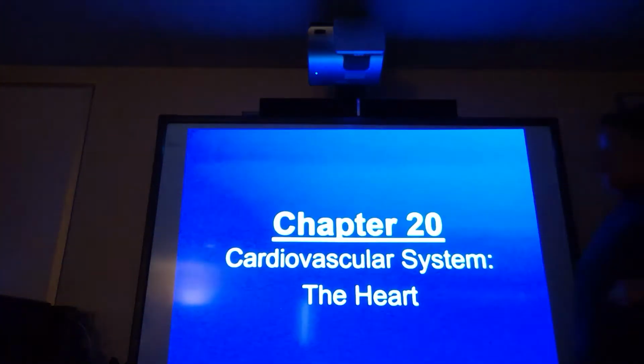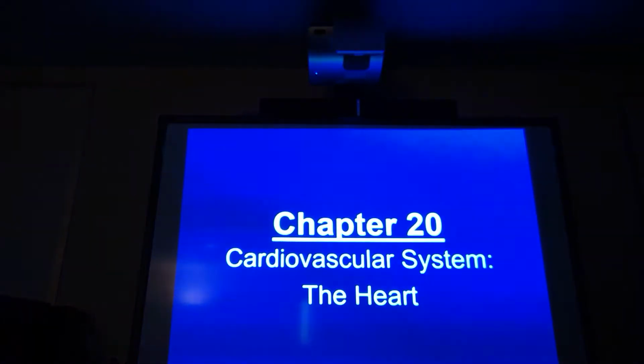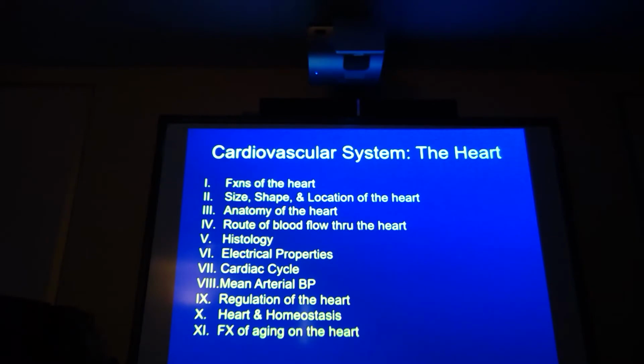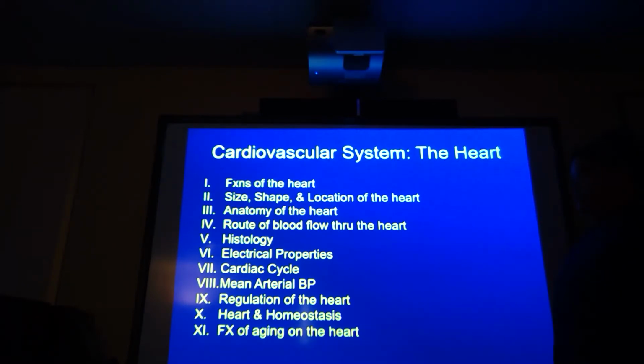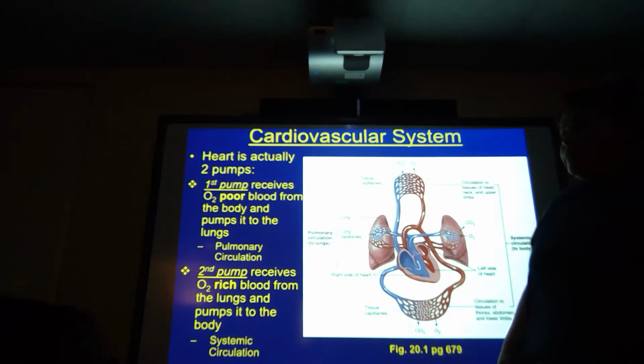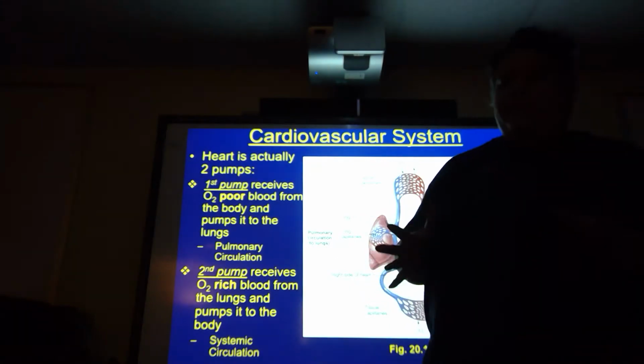Okay, so the cardiovascular system, the heart. So outline of the chapter, same old, same old. So let's talk about the heart for a second. The heart is actually two separate pumps. You've got one pump that brings in deoxygenated blood from the body and then sends it to the lungs so that we get air. And then you've got another pump that brings that oxygenated blood in from the lungs and sends it out to the body.